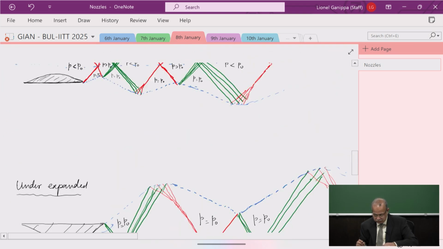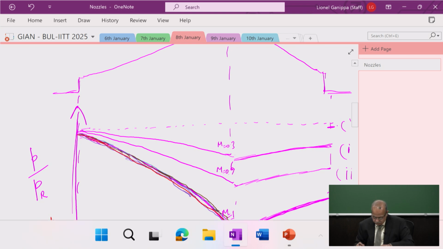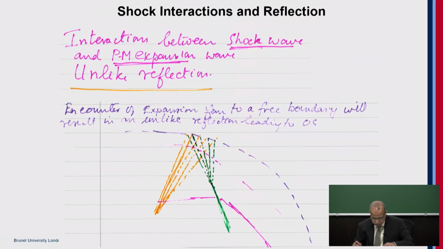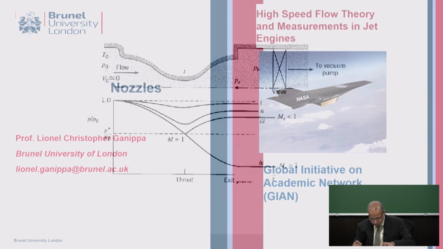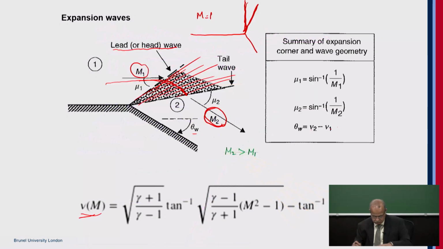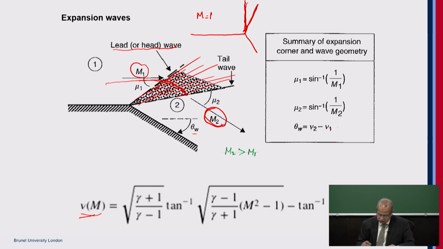So this is the Prandtl-Meyer expansion equation that I've written there.